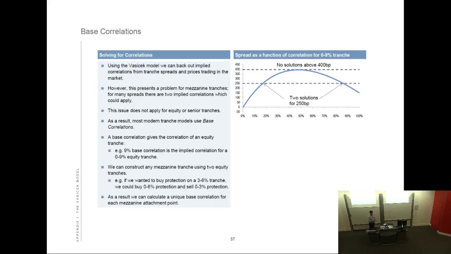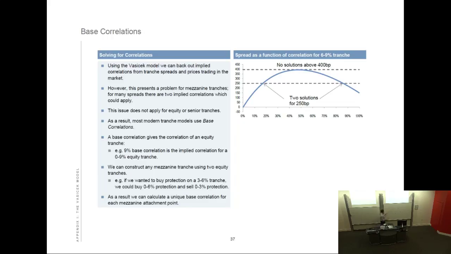Now, each equity tranche has a straightforward dependence on correlation, because for equity tranches, correlation is entirely positive, right? So when a tranche has positive correlation exposure, it means you're always going to be able to find one unique correlation value to match a given price.